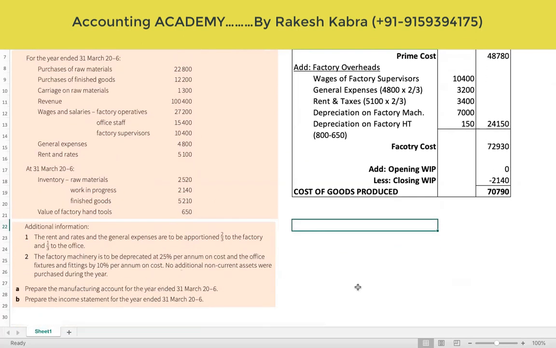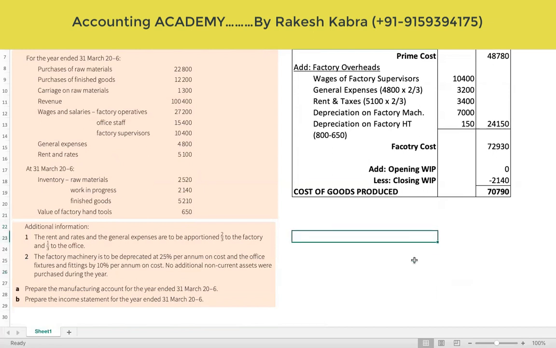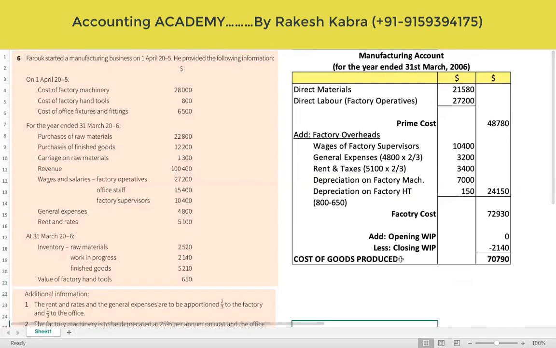Now what is requirement B? Prepare the income statement for the year ended 31st March 2006. So we manufactured the goods and we found out the cost of the goods which we produced. Now we will sell it, right?